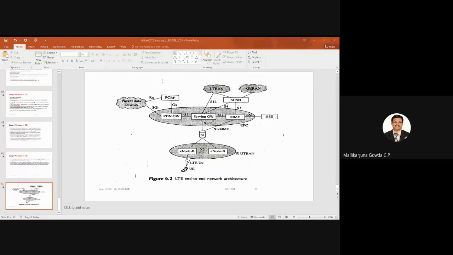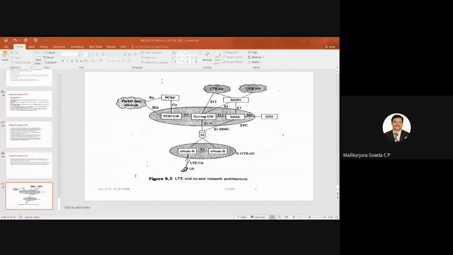Yes, Keshav, Venkatesh. Say something, I'm asking about the network elements. One of your friends said about PDN gateway, then serving gateway, then about HSS.